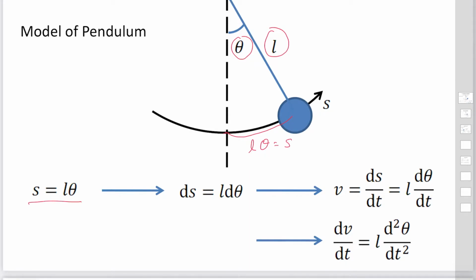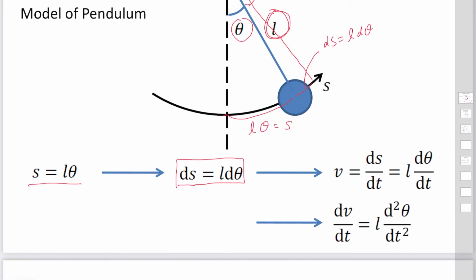If you consider a small change in length ds, the length of the string doesn't change, so ds is expressed as L times d theta. This corresponds to this small change of length. This is d theta, then this ds is L d theta.